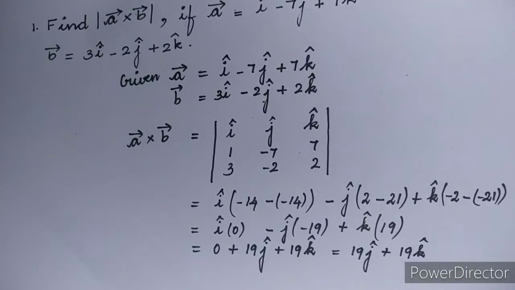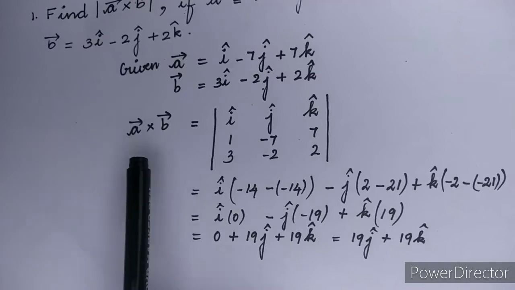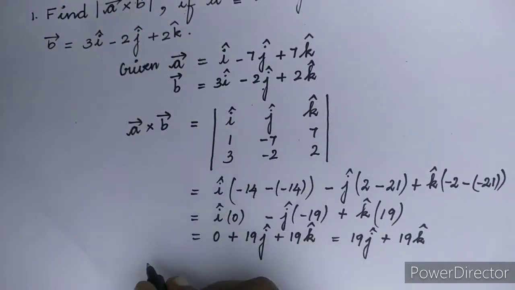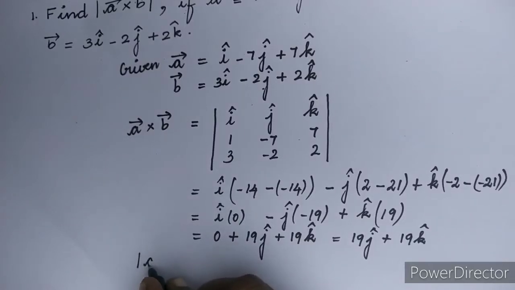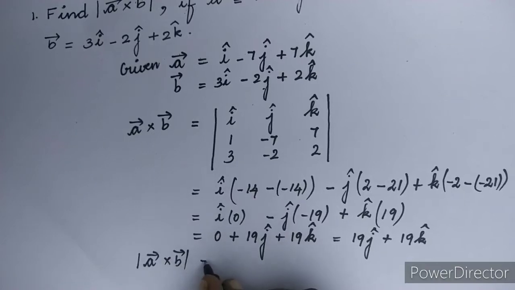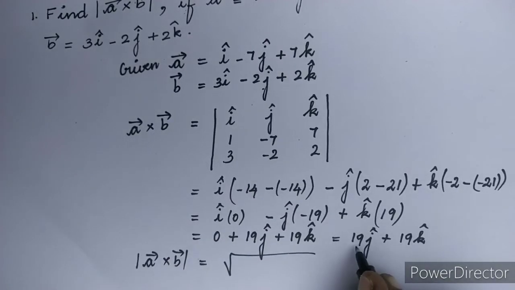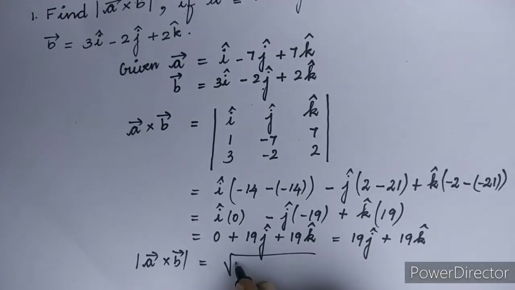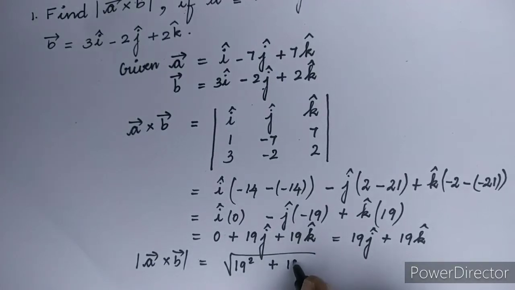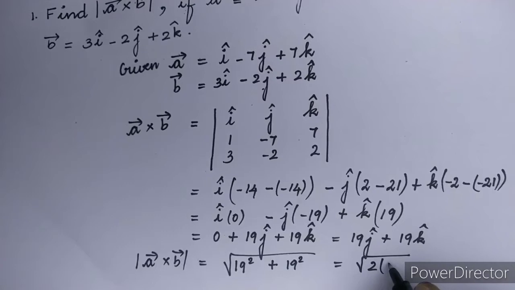And next, after finding A vector cross B vector, we are going to find the magnitude of A vector cross B vector. So, magnitude of A vector cross B vector will be equal to root of 19 square plus 19 square. 19 square plus 19 square, we can write it as 2 into 19 square.